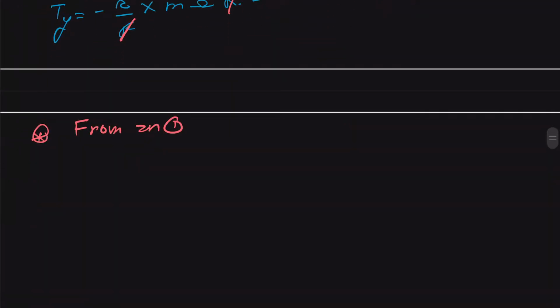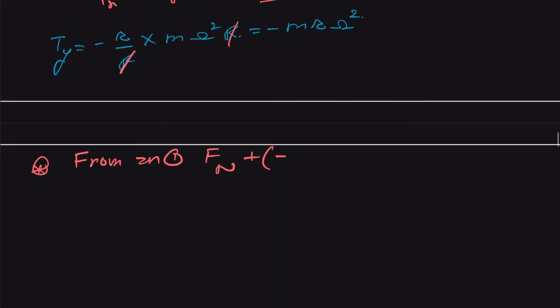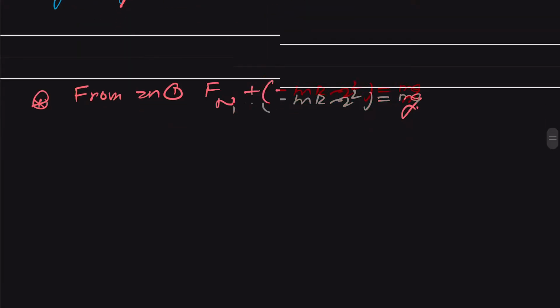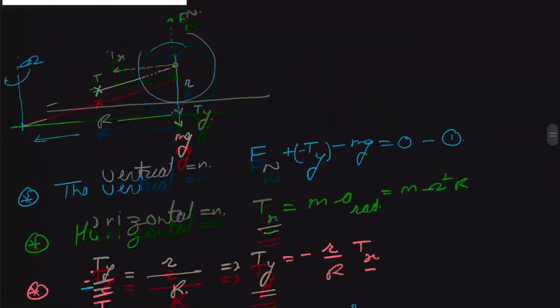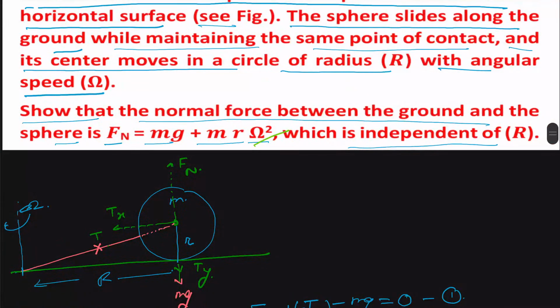Therefore from equation 1 we get f of n will be equal to plus minus, and we have m r omega square is equal to mg. Therefore we get our normal force is equal to mg plus m r omega square. That was the required question. We have to find out our normal force.